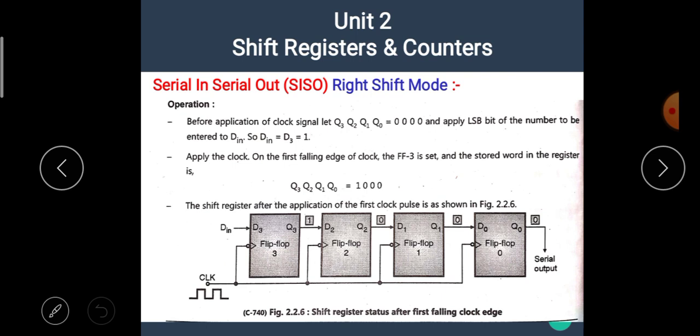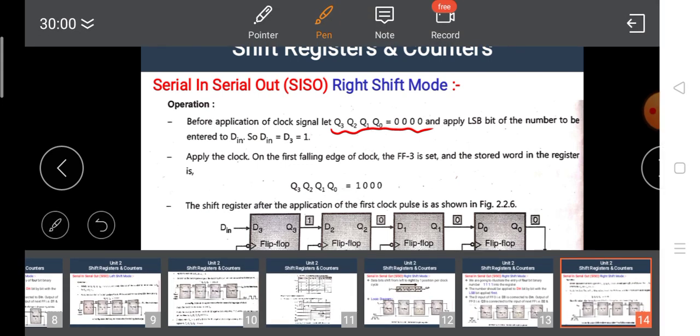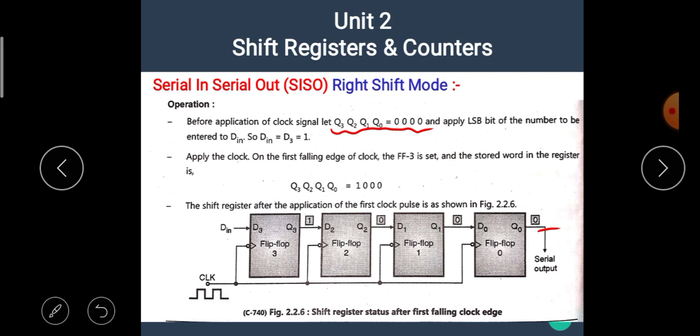Now let's see the operation here. The operation is similar to left shift mode. At the initial condition, all the flip flops have the value 0 0 0 0, that means all the outputs are at 0 state.